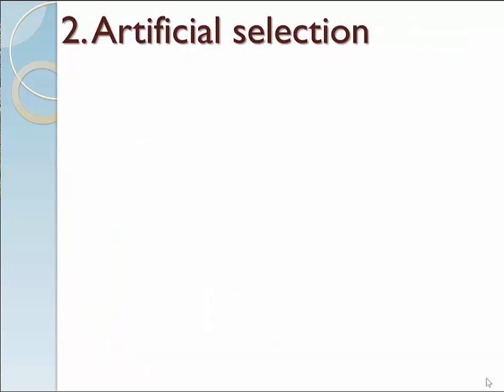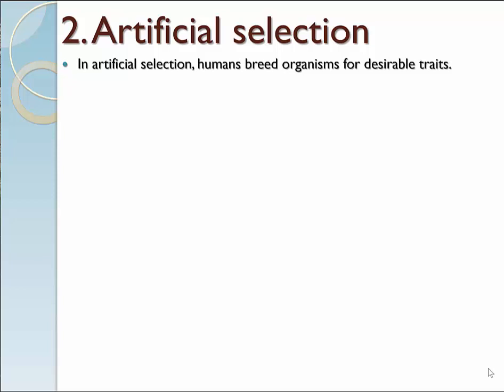All right, so the first chapter of Darwin's book was on artificial selection, and he had a good reason for doing this. It was a very smart selection on his part, so to speak. In artificial selection, humans breed organisms for desirable traits.